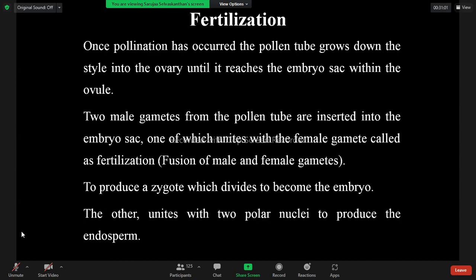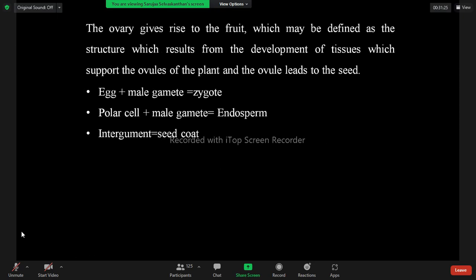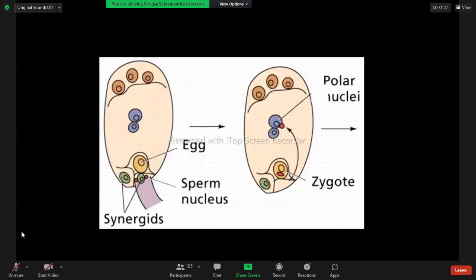The other male gamete unites with the polar nuclei to produce the endosperm, right? One is fused with the female gamete and produces the zygote, which thereafter divides rapidly to become the embryo. The other male gamete unites with the two polar nuclei to produce the endosperm.